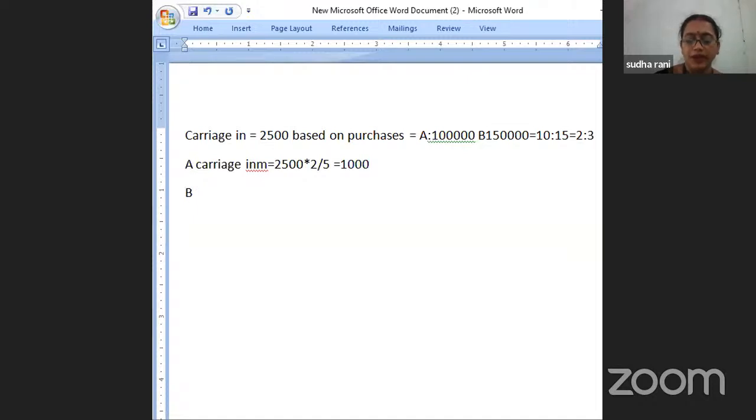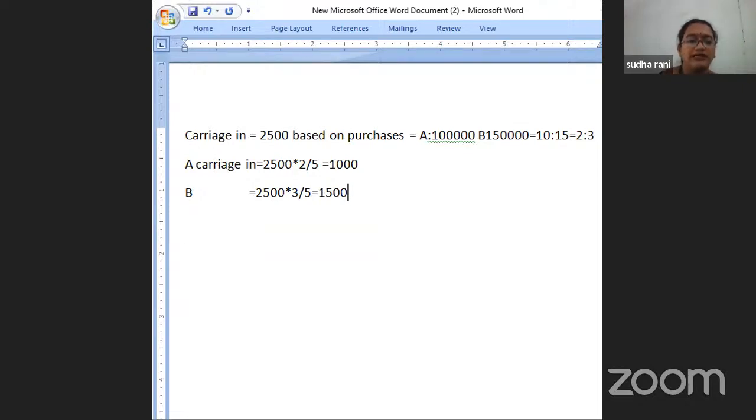B department carriage inward is again 2,500 into 3/5, which is 5 into 500, 2,500 goes 5 times, so 500 into 3, 1,500. If you do it, you'll get it. Understood? So this is the purchase carriage inward.